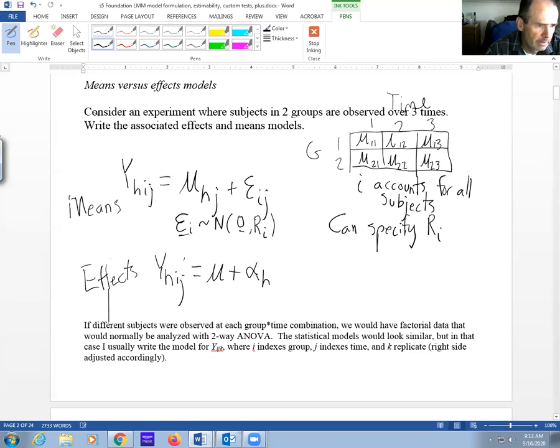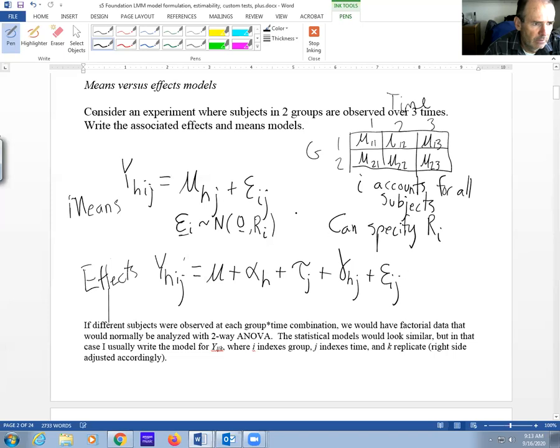I'll call that alpha, and then the indicator for which group we're considering, and then we have our time effects, and usually we're going to add an interaction term, since this is the most flexible model possible. And then we have the error term.